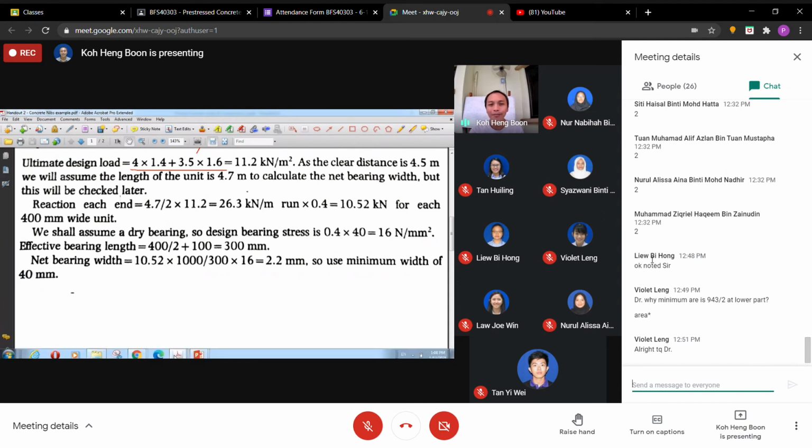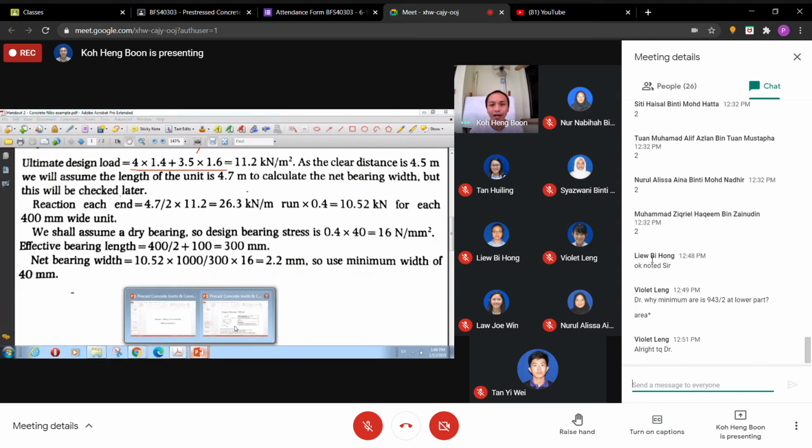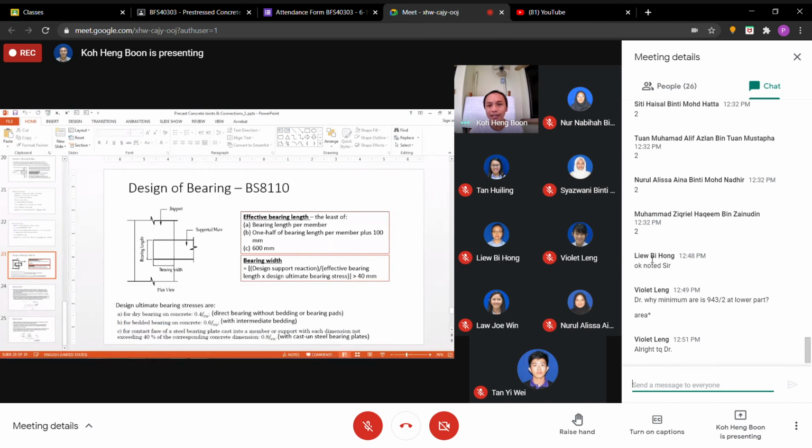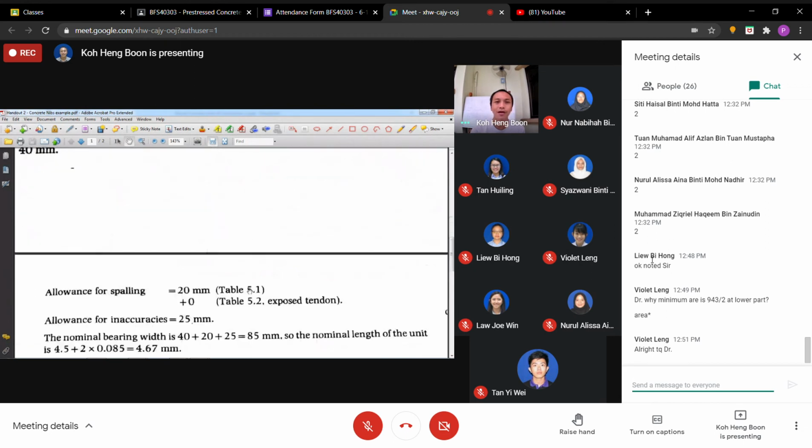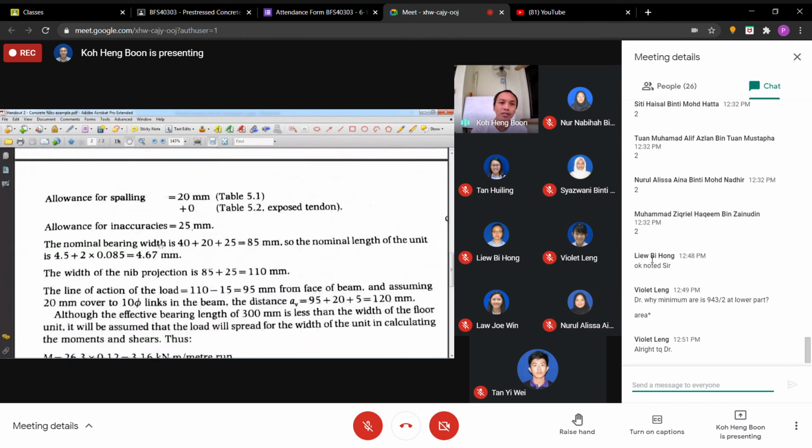But as mentioned in the standard, the bearing width must be at least 40 mm. So in this case we use 40 because 2.2 is too little. So we need to assume a minimum of 40 mm. From here, allowance for the spalling of the concrete and so on.